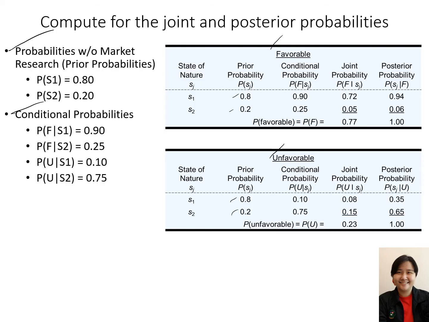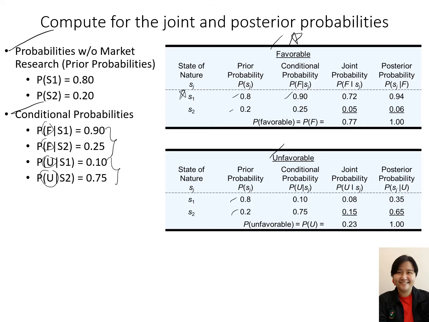For the conditional probabilities, these two pertain to favorable because we have F, and these two pertain to unfavorable because we have U there. The probability of F given S1 is 0.9.